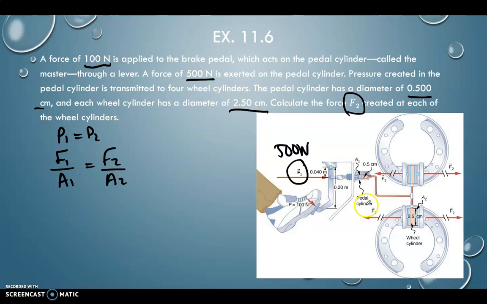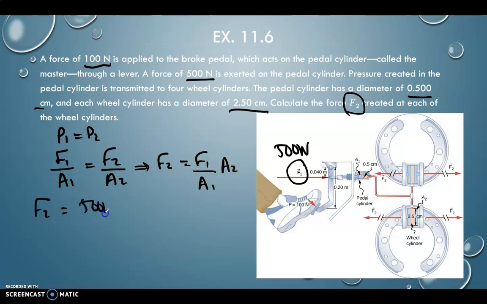Okay, that's then applied to the system, okay, over our area. So we're trying to find F2. F2 is going to be F1 over A1 times A2. Okay, so we can plug our values in.